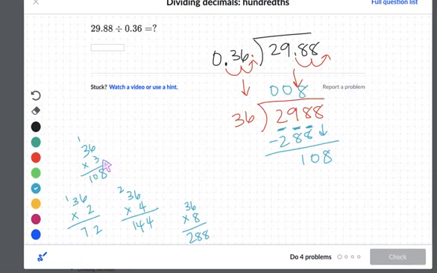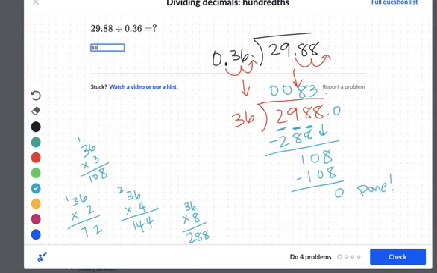So it is 3 exactly. Minus 108. So we're done. Okay, if we weren't done, we would just add a decimal point and then 0 at the end and then move that down. But we didn't have to because we were just done at the end. So our answer right here is 83. Okay, so that's all we mean by moving the decimal places over for your divisor and your dividend.